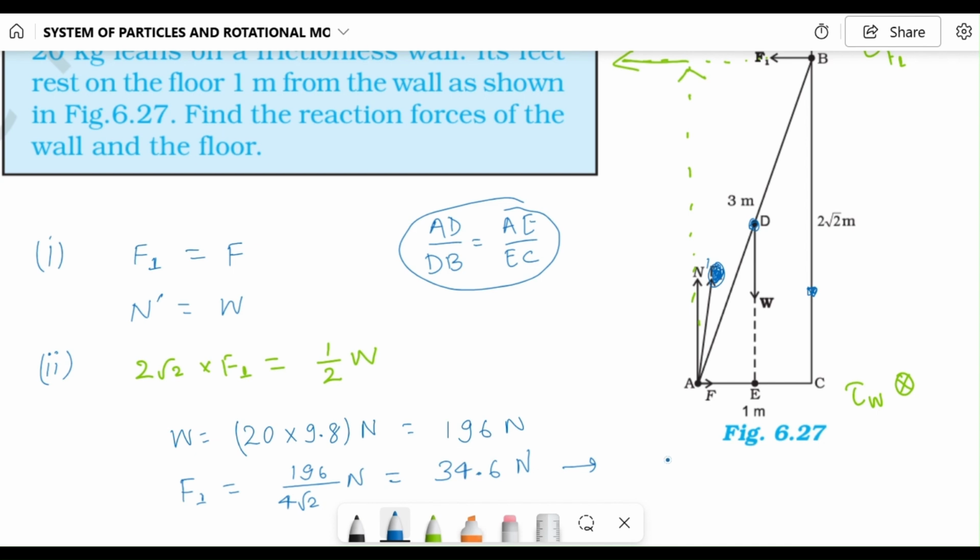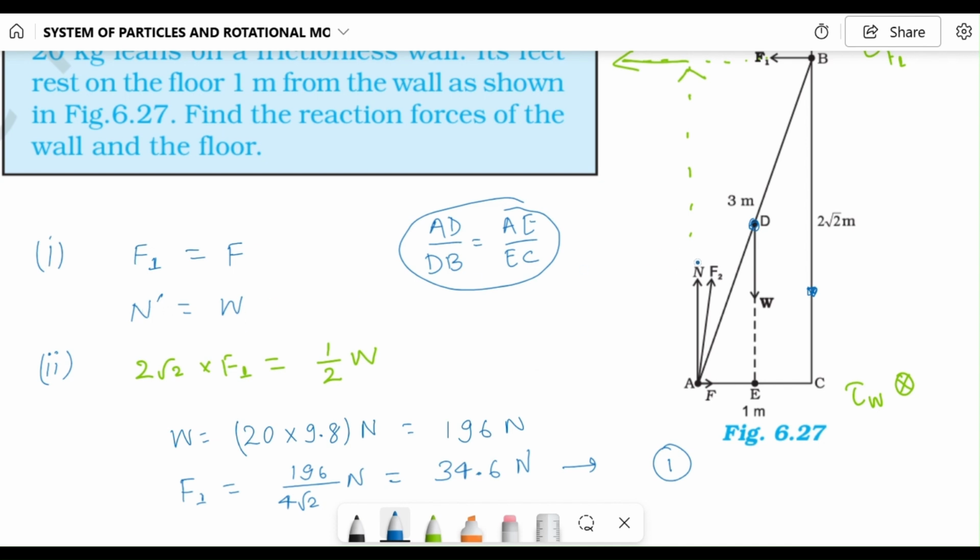So the first part we have done. Now what about the reaction force due to the floor? Let me uncover this part now. So this F2 will be the sum of these two forces, so we can vectorially add them. And now we have N. What is N now?